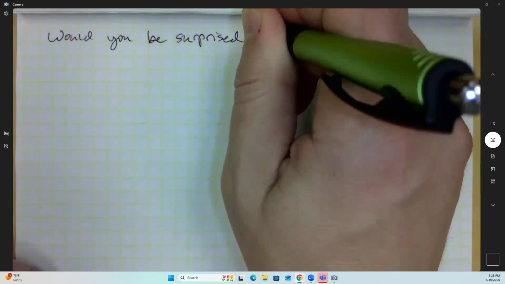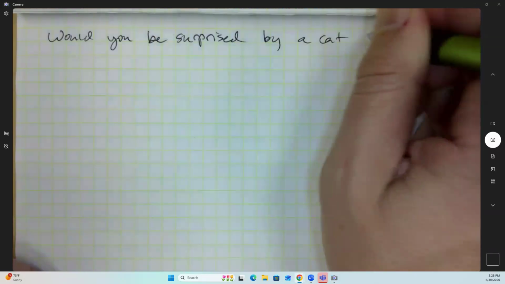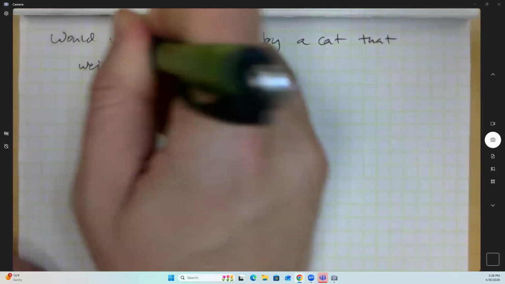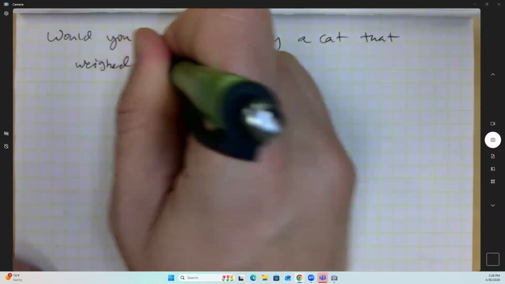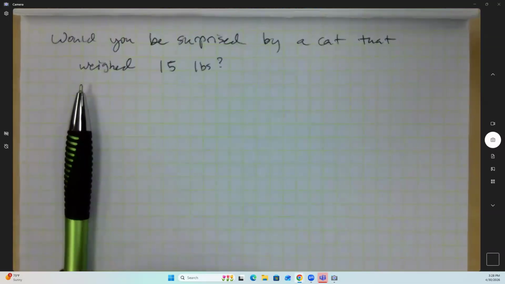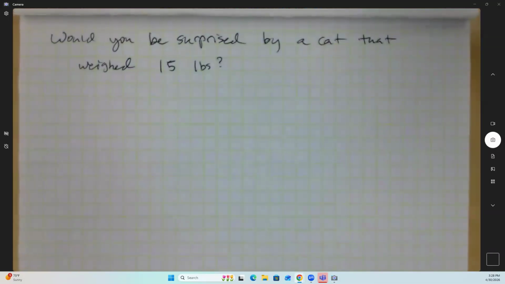Would you be surprised by a cat that weighed 15 pounds? Is that a surprising weight for a single cat?